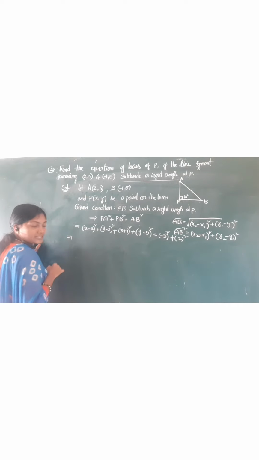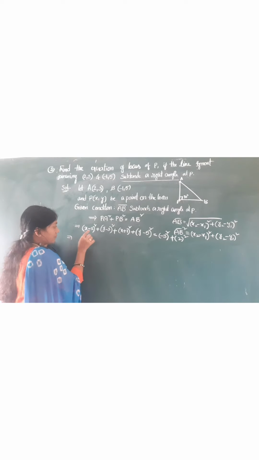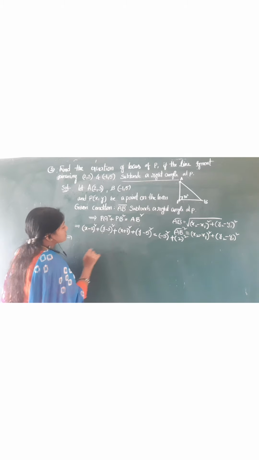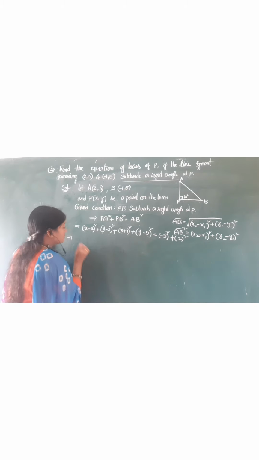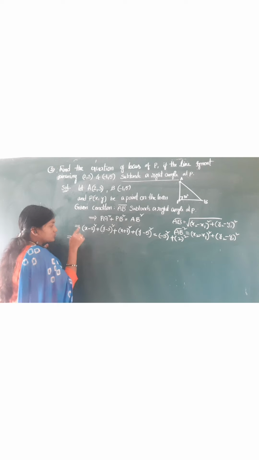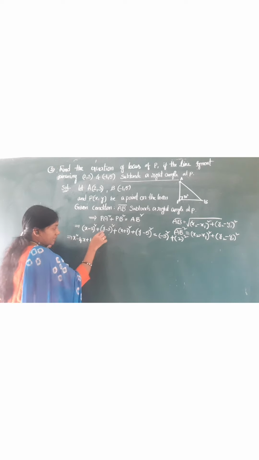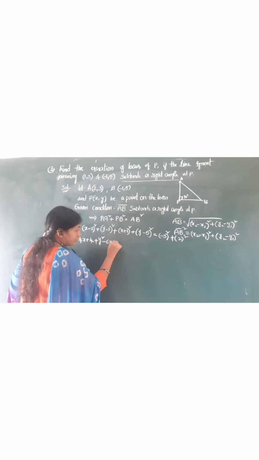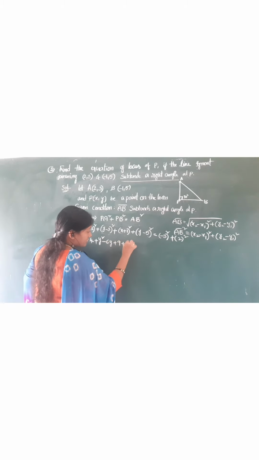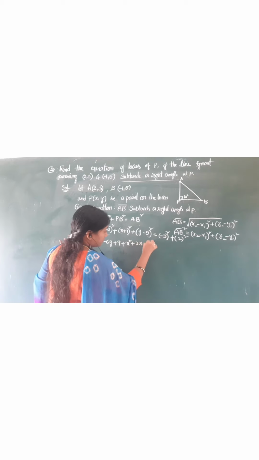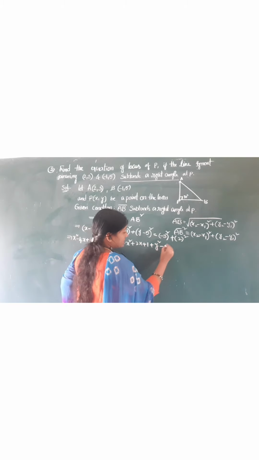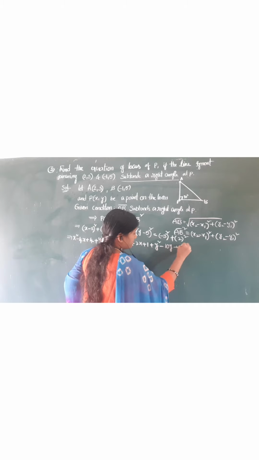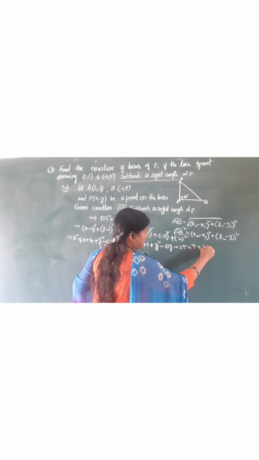Let us simplify using the a minus b whole square formula: x square minus 4x plus 4, y square minus 6y plus 9, plus x square plus 2x plus 1 plus y square minus 10y plus 25, is equal to 9 plus 4.